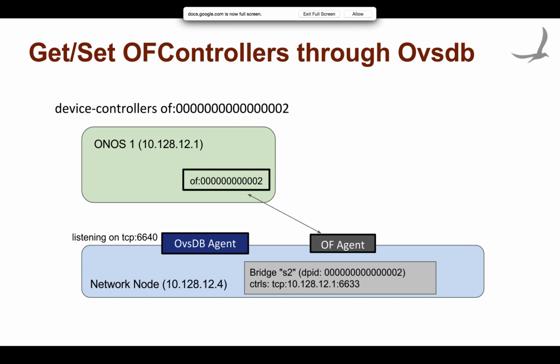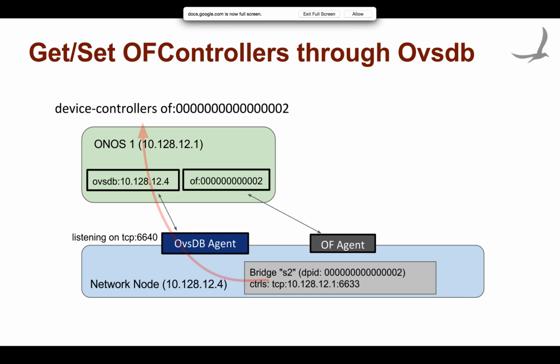When you run this command, it will establish a connection through the OVSDB agent in order to get the information, and when the connection is established, you can get the OpenFlow controllers for the bridge that you specified.